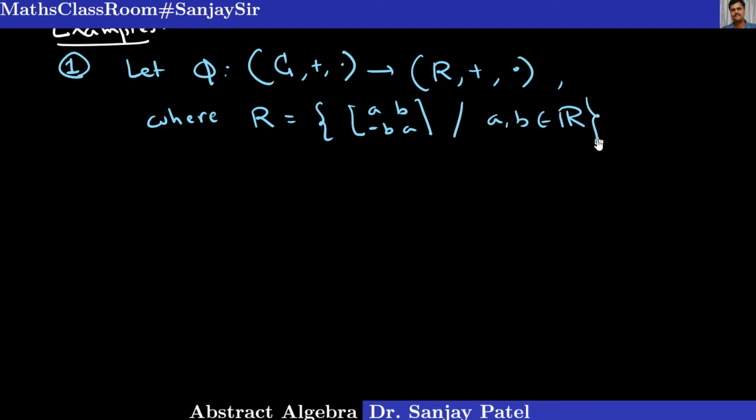So all matrices which are of this form are my codomain ring, and the operations plus and dot are addition and multiplication of matrices. The domain ring is the ring of complex numbers with respect to addition and multiplication of complex numbers.